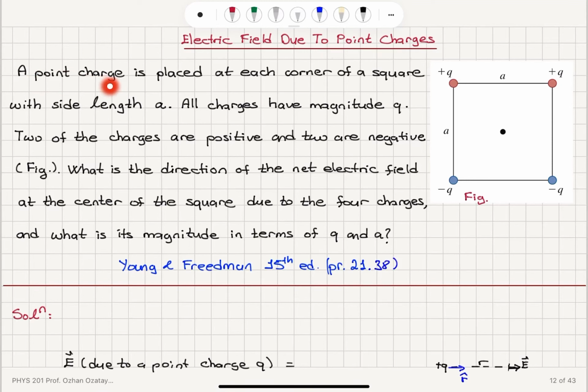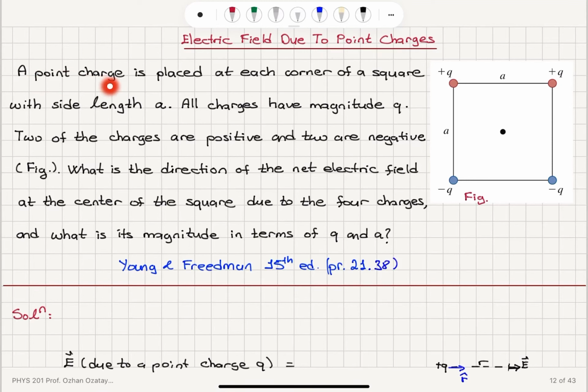Okay, now we can calculate the electric field. So the electric field at this point will be due to all of these four charges, and because the amount of charge and the distance to the point is identical for all of them, the magnitude of the electric field will be identical.